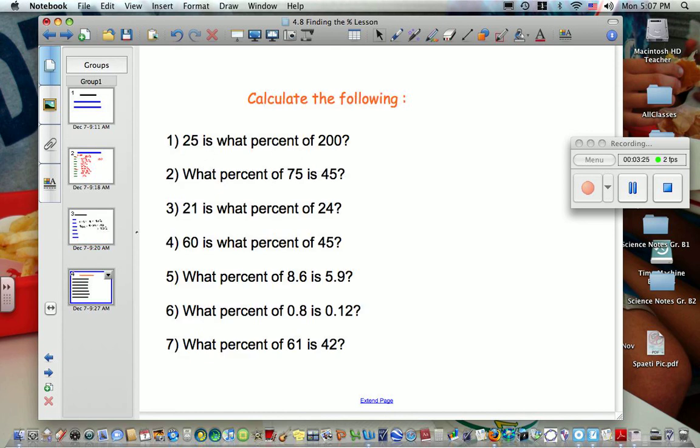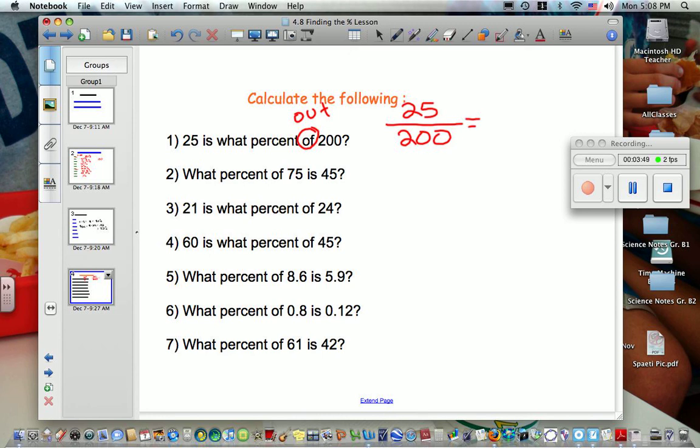Let's try ones that are in sentences. 25 is what percent of 200? Anytime you see the word of, you know it's out of 200. So the 200 must be on the bottom. The 25 is going to be the top number of the fraction. Each of these is going to make a fraction. 25 out of 200.